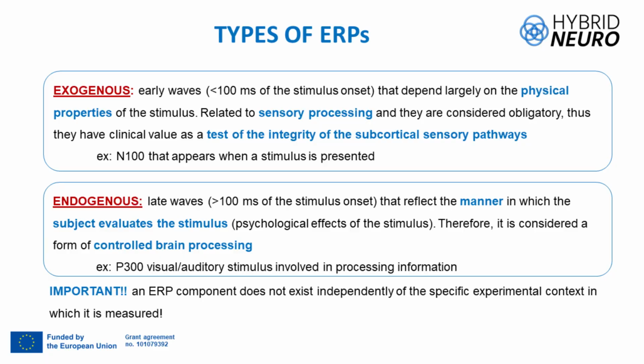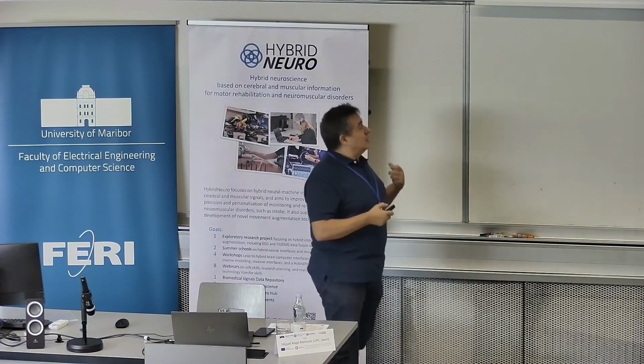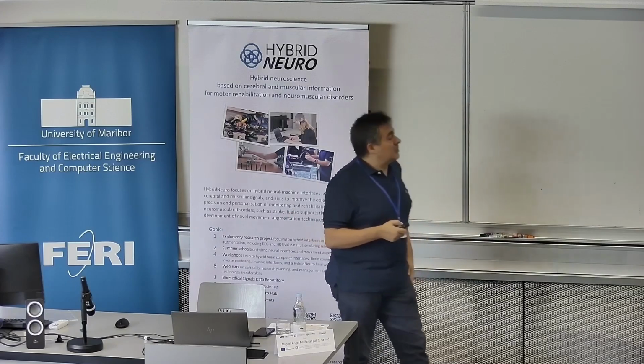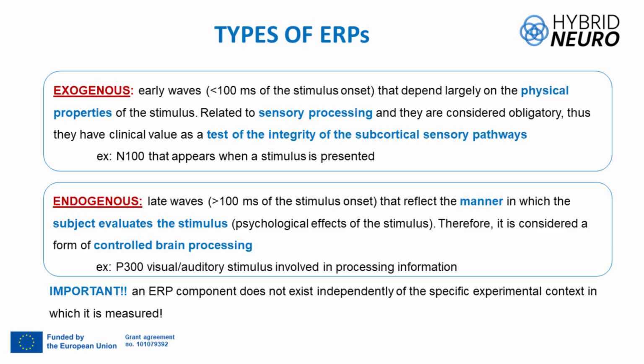And we have the endogenous potentials later, after 100 milliseconds, and they are related to specific cognitive processes or mental tasks. You are processing the information received from the outside, and they are especially interesting in cognitive disorders or neurodegenerative diseases, etc. Especially, as I said before, the P300 or P3, which is very interesting in order to evaluate the peak, and also if there is a little bit of delay as usual because of the specific disease, for example.